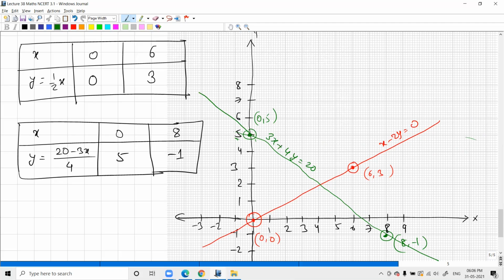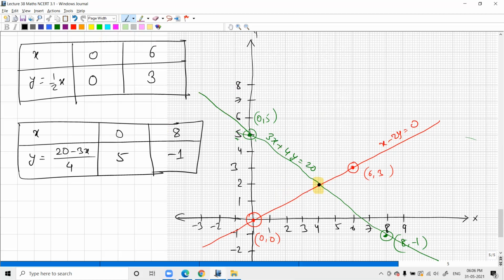Now, what is the solution over here? Very simple. Wherever the two lines meet. This is the one. So basically, that is the solution of your two equations in two variables. What is the coordinate of this solution, guys? What is the point? 4, 2, sir. Yes.